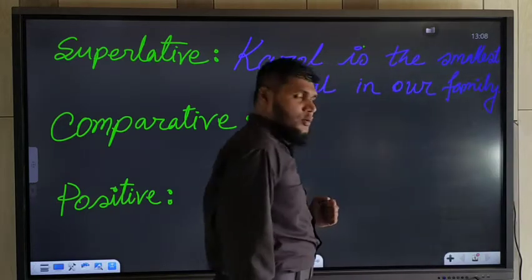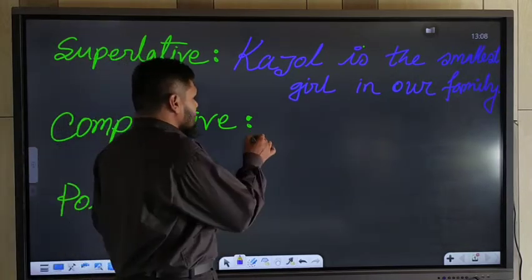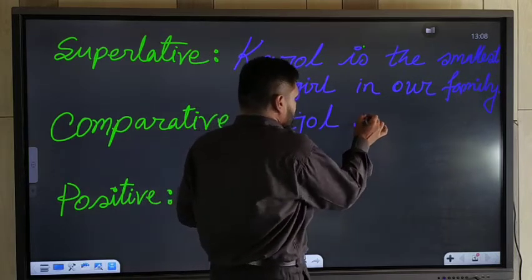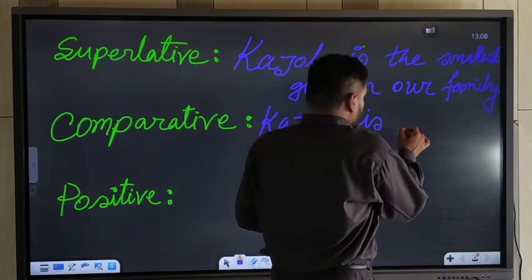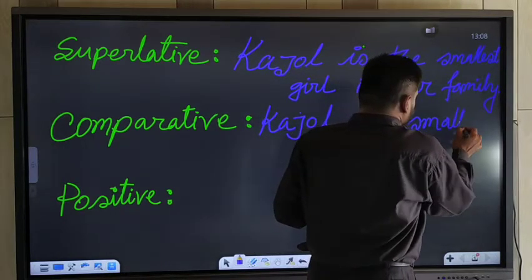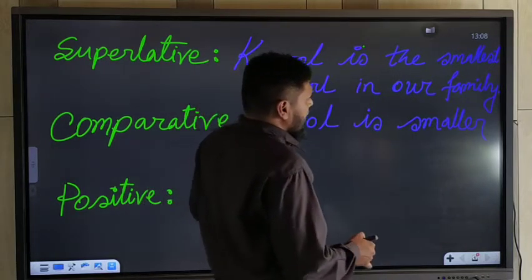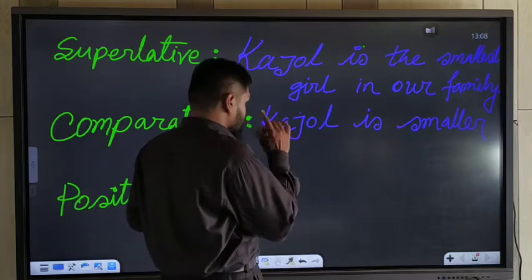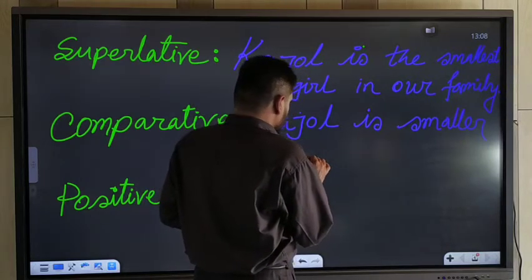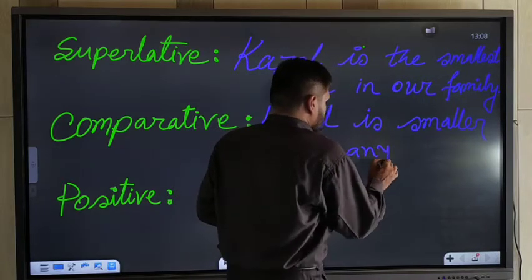In our family, what would be the comparative degree? So you should use subject and verb first, Kajol. Then you should use the verb, and then you should use the comparative degree, smaller. Then you should use any other.